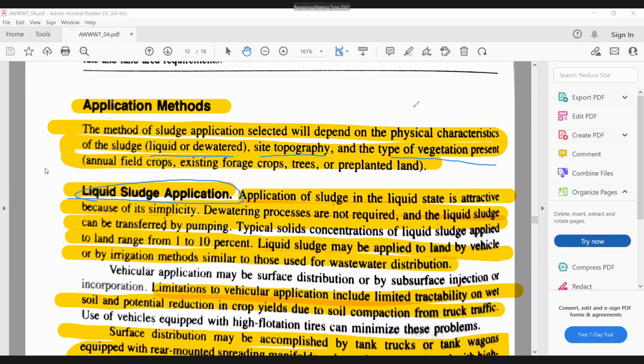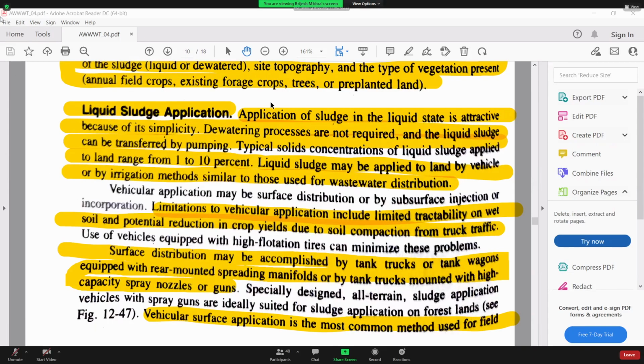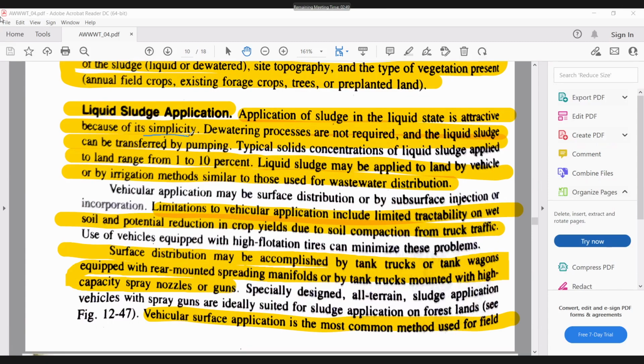First, we are going to discuss liquid sludge application. Application of sludge in the liquid state is attractive because of its simplicity. Spreading of liquid sludge is quite easy compared to dewatered sludge.